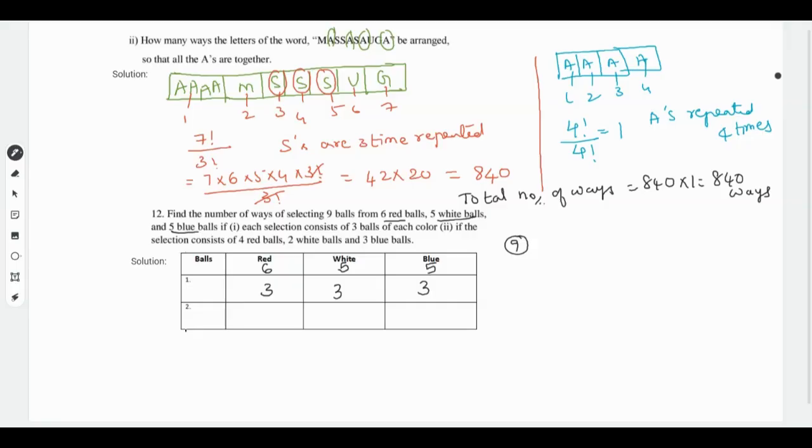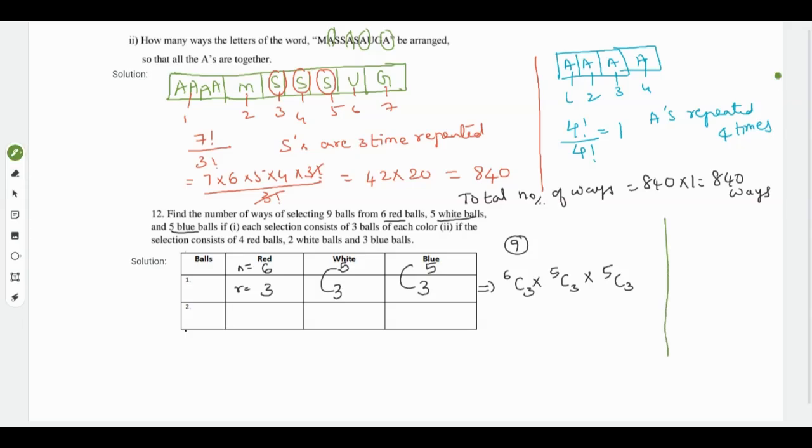So here this is the value of n and this is the value of r. So we have to write nCr, that will be 6C3 into 5C3 into 5C3. We need to find the values and substitute here.